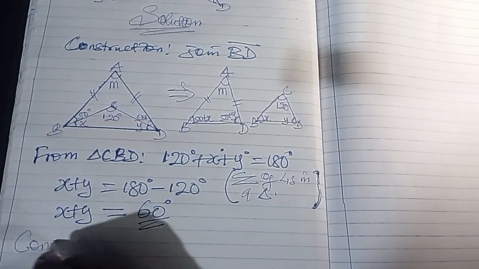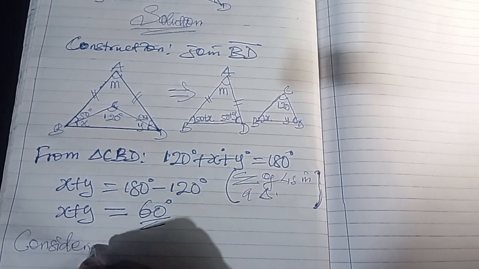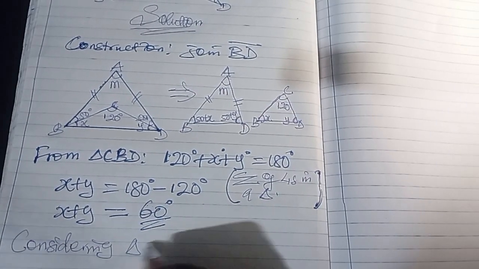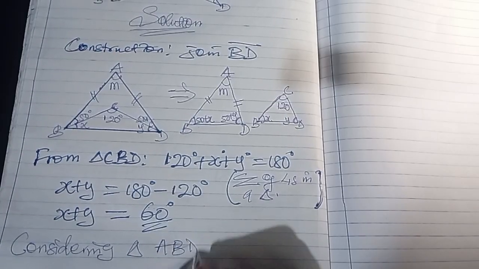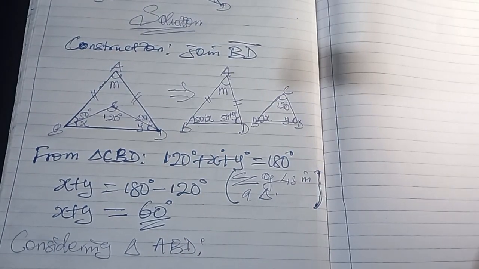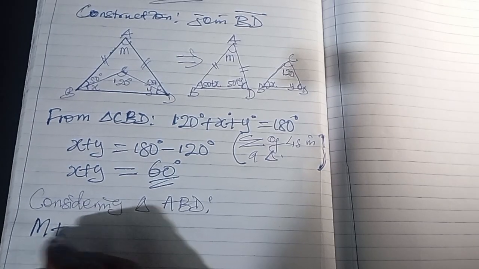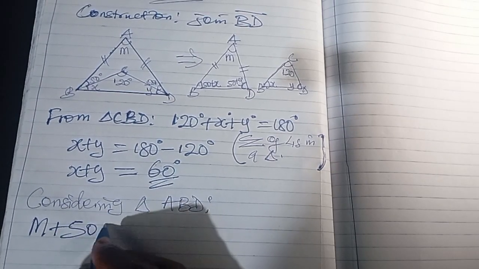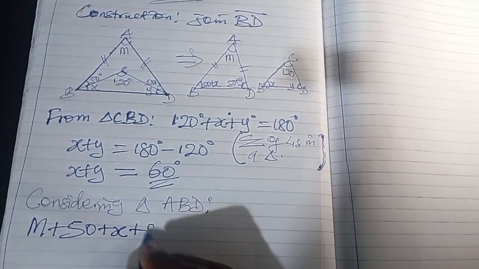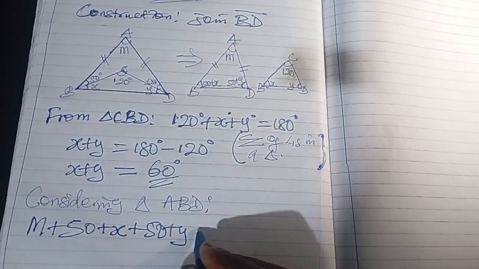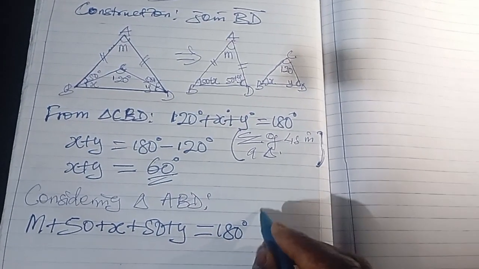Considering triangle A, B, D, it is observed that M plus 50 plus X plus 50 plus Y is also 180 degrees.